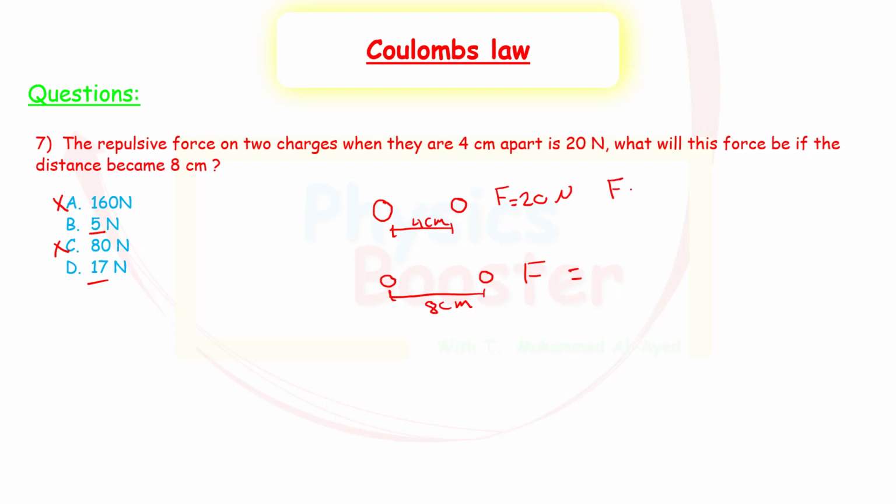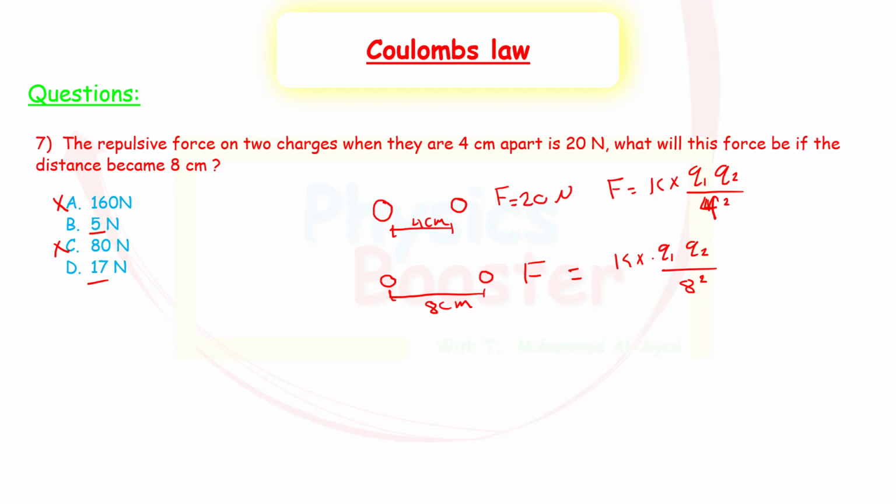The force is equal to Coulomb's constant multiplied by Q1 multiplied by Q2 divided by R squared, or this time, let's just say it's 4 squared. And in this case, the force is going to be equal to K multiplied by Q1 multiplied by Q2 divided by 8 squared.